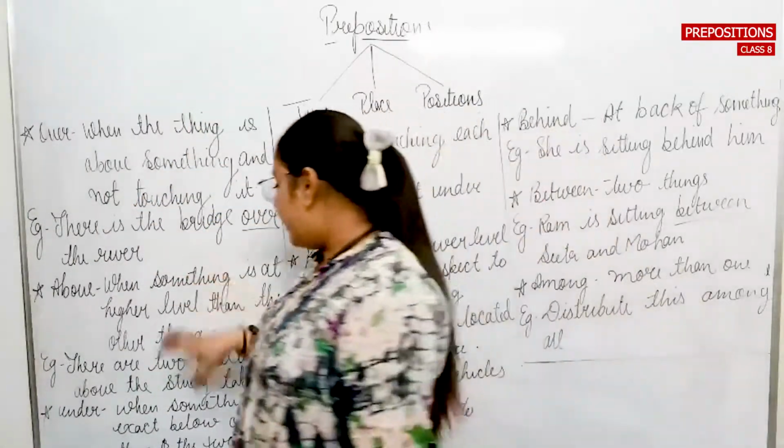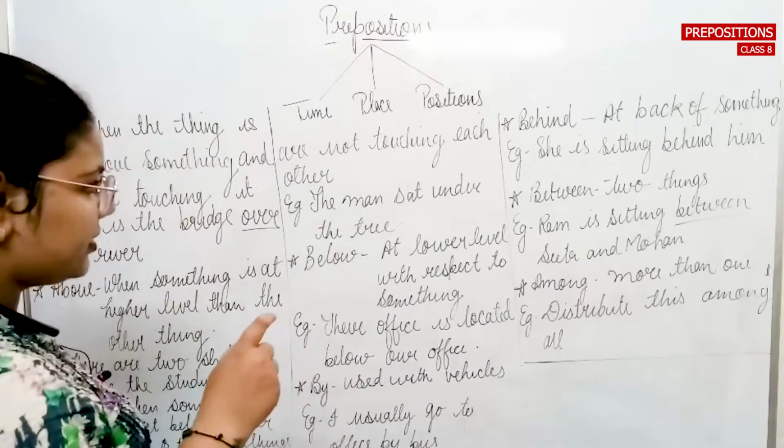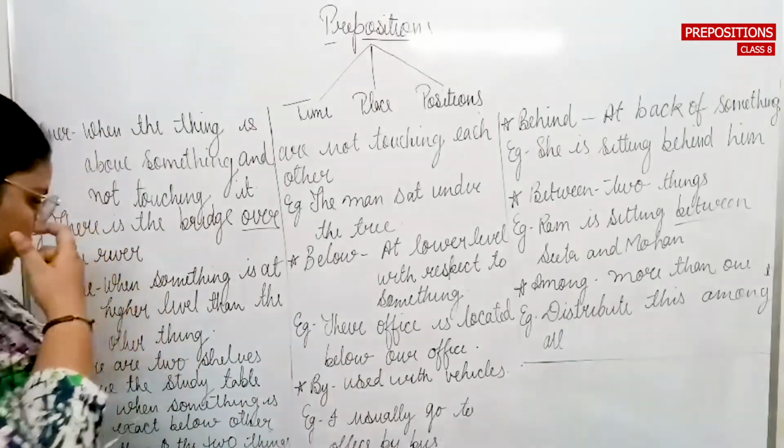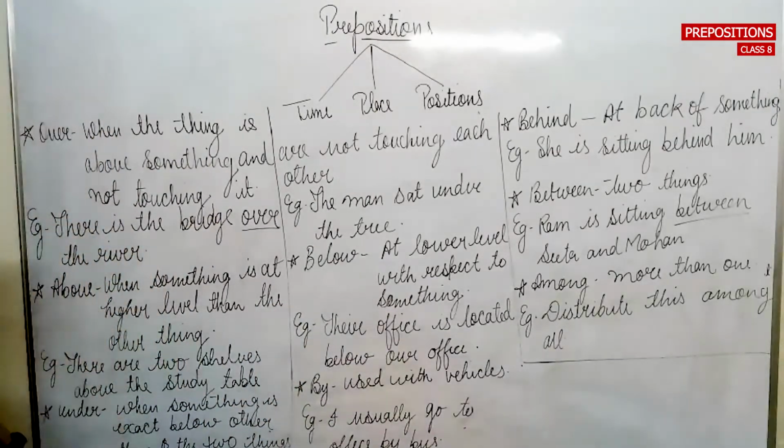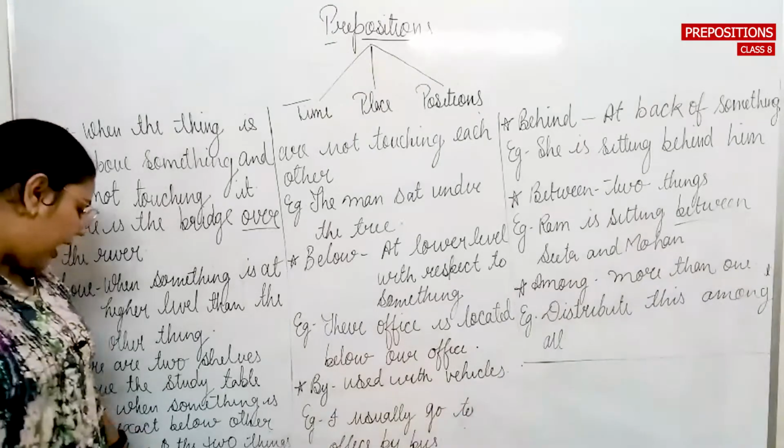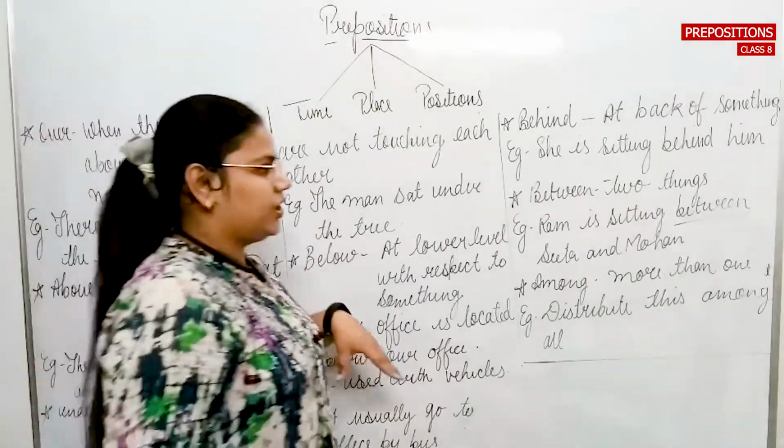But when we talk about under, where I have written the preposition under, yes, here it is. We use it when something is exactly below the other thing, and the two things are not touching each other.